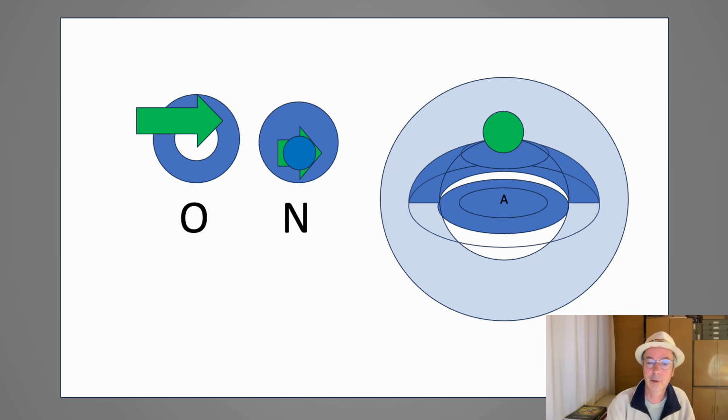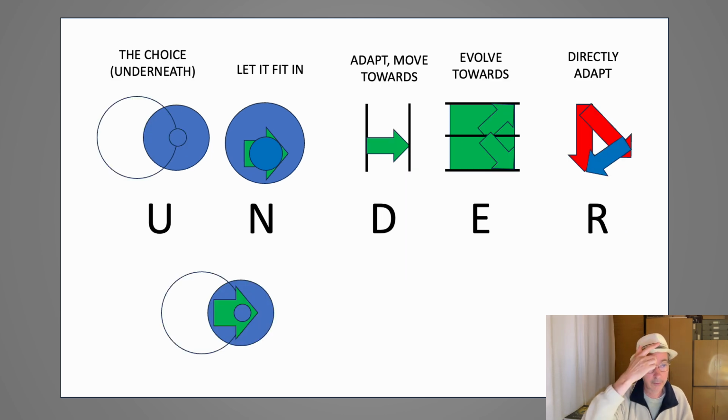Okay, let's go to a more complicated one. Under. So you have the U, which is on the second level of the letters that are associated with space. And it means that I will have a center position that is a choice, and this choice is actually a choice between two choices.